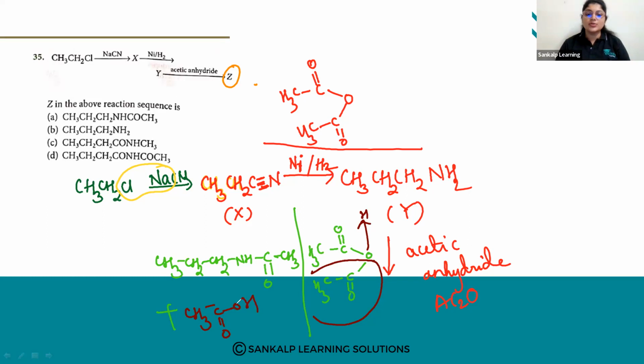Understood? So these are the products. So what is our option? Z is CH3CH2CH2NHCOCH3. So option number A is the answer.